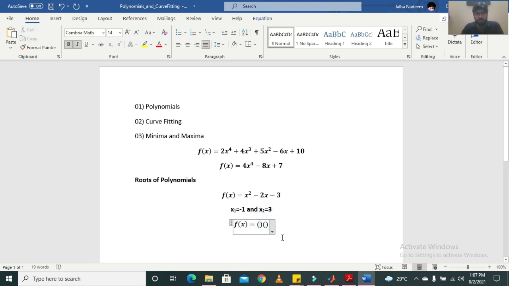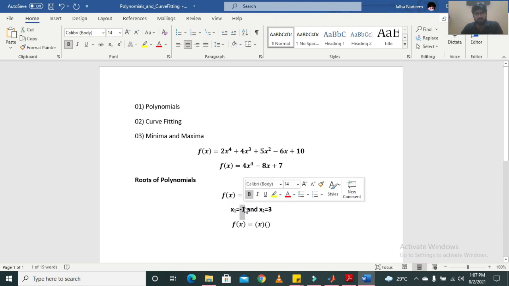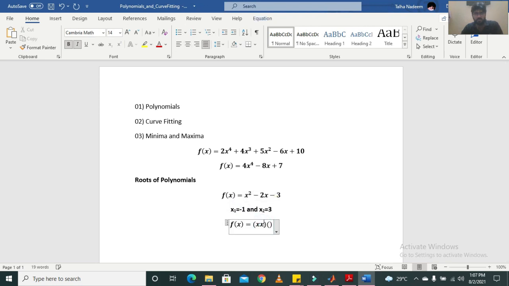So I will write it as x, and whatever the sign is, minus, and whatever your solution is, minus, and whatever the second root is. Let's say this is your A and this is your B.